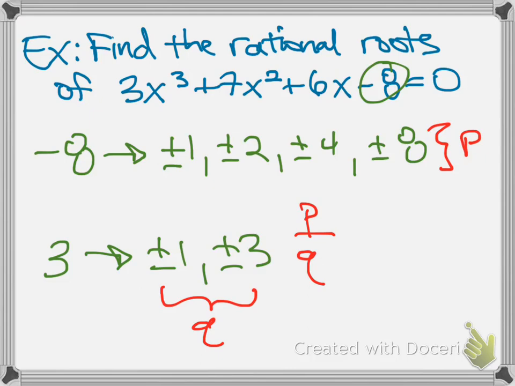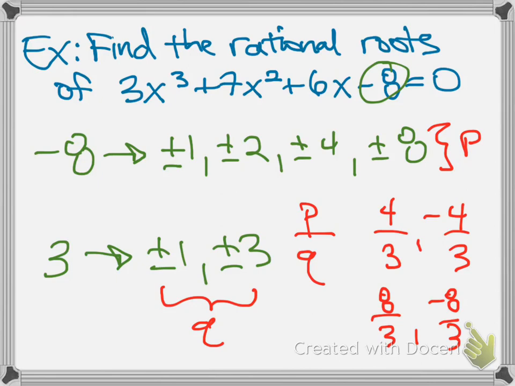So that means we have quite a few different possibilities for the location of a rational root. For instance, it could be 4/3. It could be negative 4/3. We could have a root at 8/3. We could have a root at negative 8/3. Any of those combinations of the possible values for P over the possible values of Q could potentially be the location of a rational root for our polynomial.